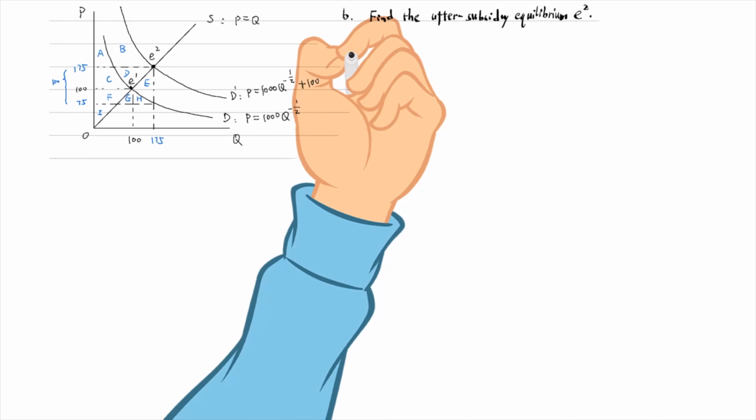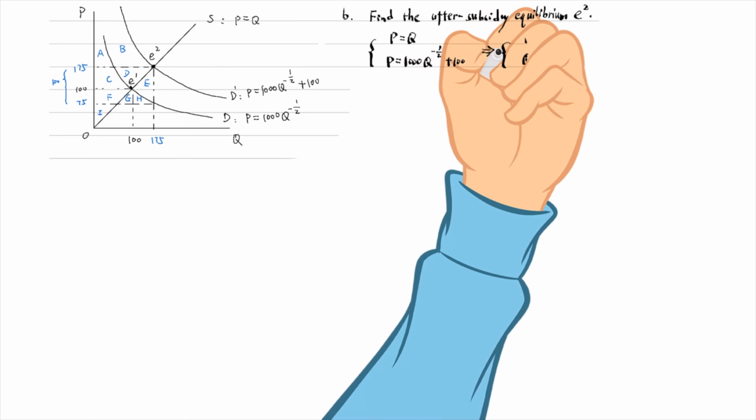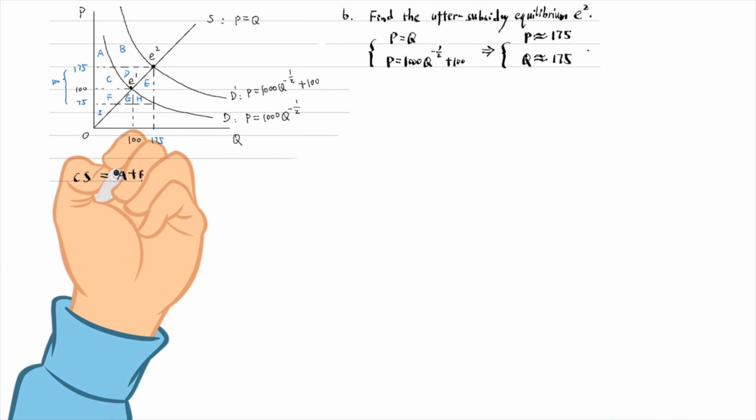Suppose the subsidy goes to consumers. It shifts the demand curve upward by the amount of the subsidy. Combining the new demand function and the supply function gives the after subsidy equilibrium price of 175 and equilibrium quantity of 175. Then we calculate the consumer surplus.